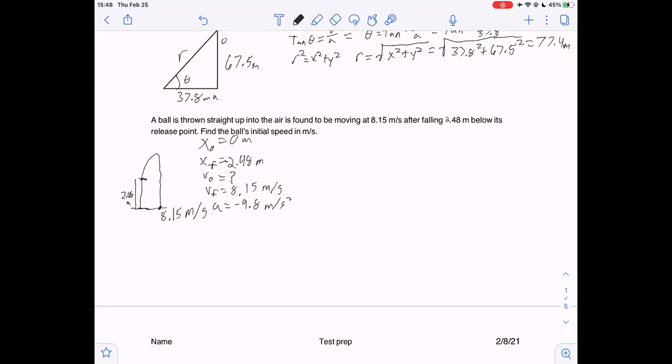So one thing else on the drawing, we know because gravity is constant that our velocity at this point is going to be the same as it is at this point, because it's going to either be slowed down or sped up the same because of gravity. So what equation are we going to use here? We have both x's, acceleration, and are looking for velocity.